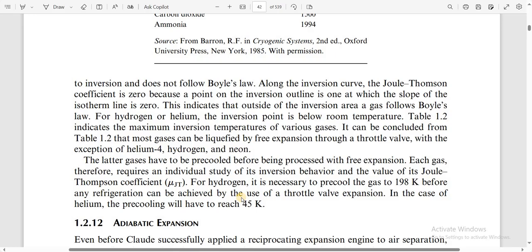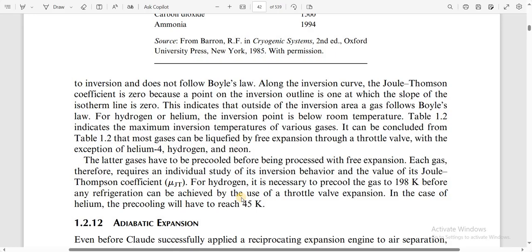Table 1.2 indicates the maximum inversion temperature of various gases. It can be concluded from Table 1.2 that most gases can be liquefied by free expansion through a throttle valve, with the exception of helium, hydrogen and neon. The latter gases have to be pre-cooled before proceeding with free expansion.